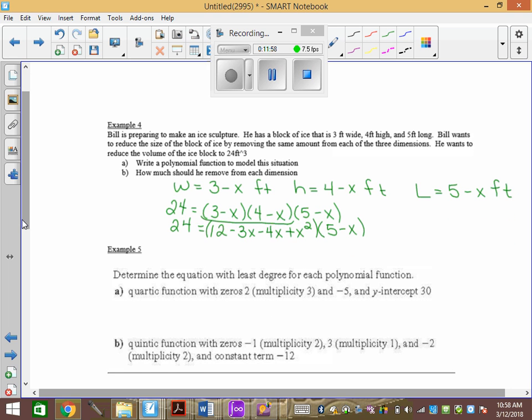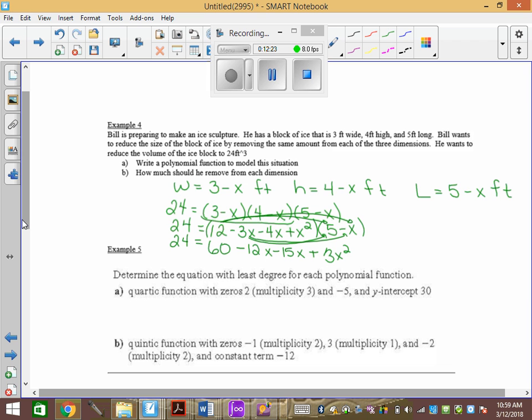So now we're going to go 24 equals 12 times 5. What's that? Yep. And then 12 times negative x. Negative 3x times 5. And then negative 3x times negative x.